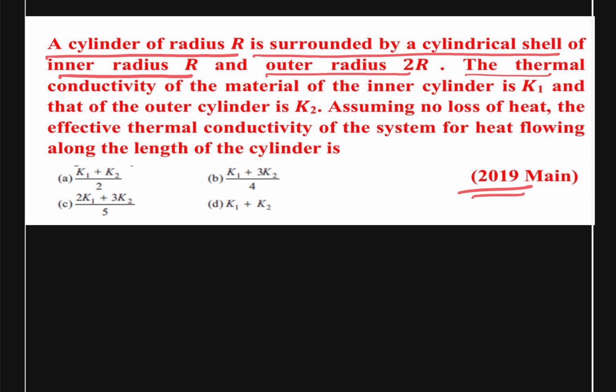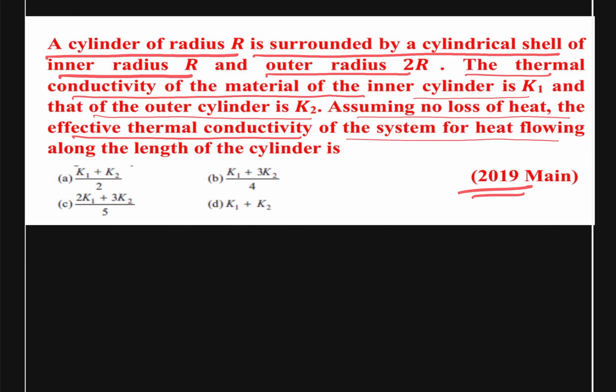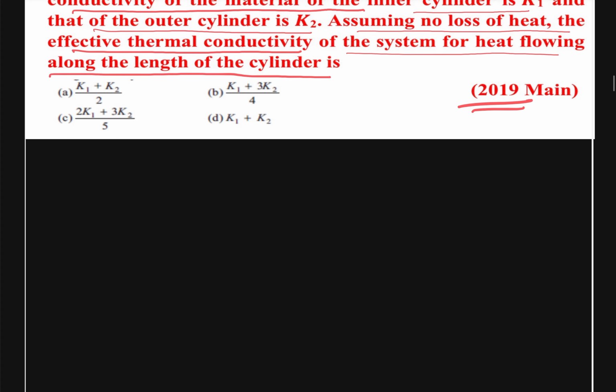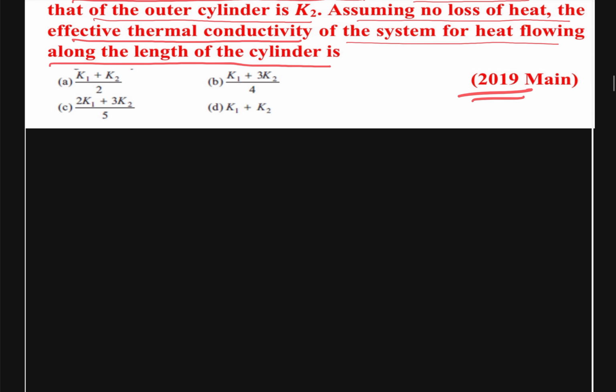The thermal conductivity of the material of the inner is K1 and that of the outer is K2. Assuming no loss of heat, the effective thermal conductivity of the system for heat flowing along the length of the cylinder is. So for this we can just draw an approximate diagram.